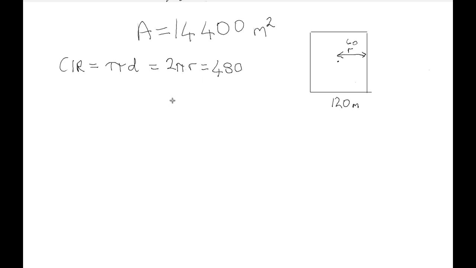Okay, so I know that my radius, if I rearrange my formula, will be 480 divided by 2 pi, or simply 240 divided by pi. Cancel that down, and that will give me an answer of, looking at my notes, 76.4 meters.